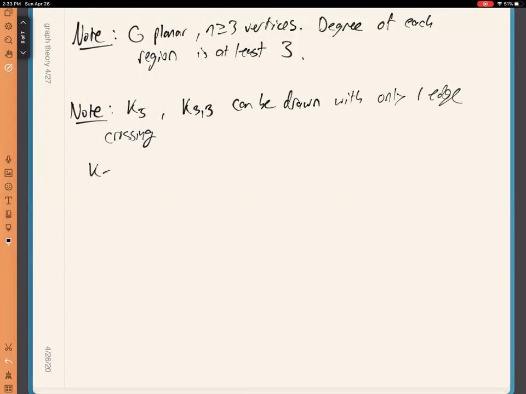Let's look at K5 with only one crossing. We have the 5 vertices here, and I'm going to connect them like this. And then I'm going to connect these two. Now to connect the remaining ones, I'm going to use arcs outside, and remember, you're allowed to use arcs for the edges when you draw them. So I'll have an arc from here to here, and an arc from here to here.